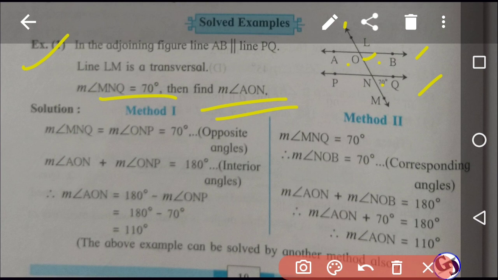And then angle AON and NOB are angles in a linear pair. Okay. That's why angle AON plus angle NOB is equal to 180 degrees. Then put the value of NOB as 70, and 180 minus 70 means 110. The measure of angle AON, yes, we get.